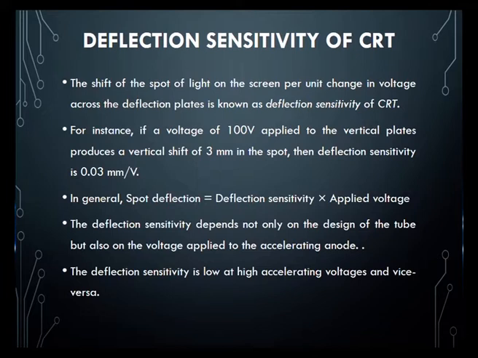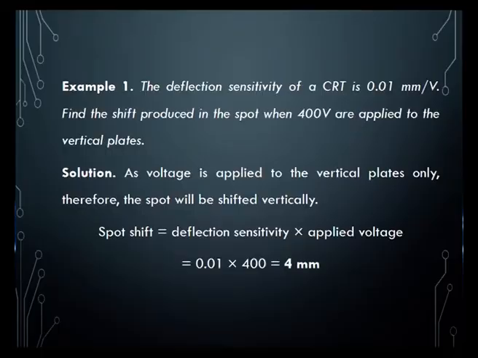So, the deflection sensitivity is low at high accelerating voltages and vice versa. The deflection sensitivity is high for a low accelerating voltage and it is low for a high accelerating voltage.